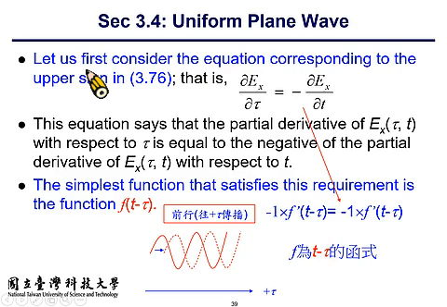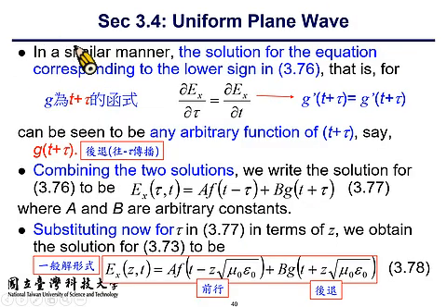So in the next slide, if we substitute the two relationships into this equation, and assuming that g is a function containing the variable t plus tau, then once you perform the spatial derivative and time derivative for the function g, it ends up with g prime equals g prime. So it's trivial.